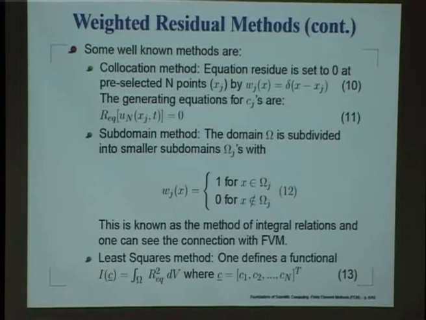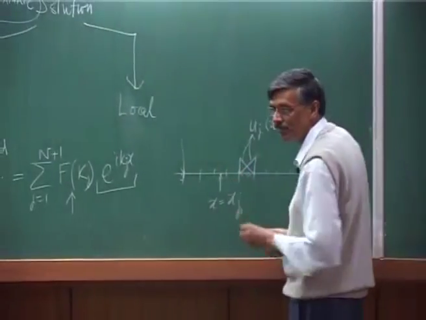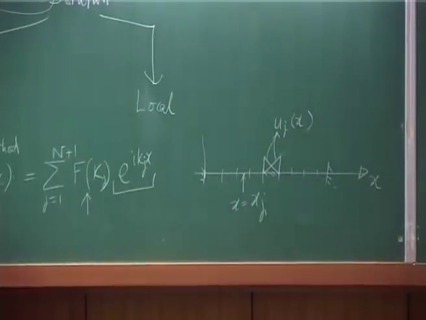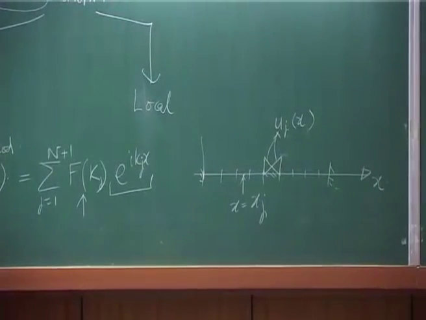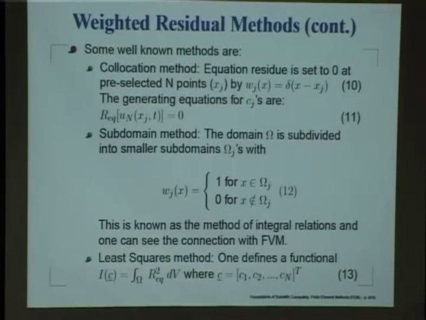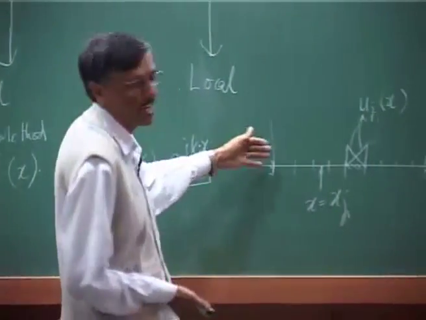For example, I could choose a point here where I want to set the residue exactly equal to 0. That means I am actually performing an integration of the weight function with the solution residue, but the weight function itself is a delta function, so that is non-zero at xj, and everywhere else it is 0.